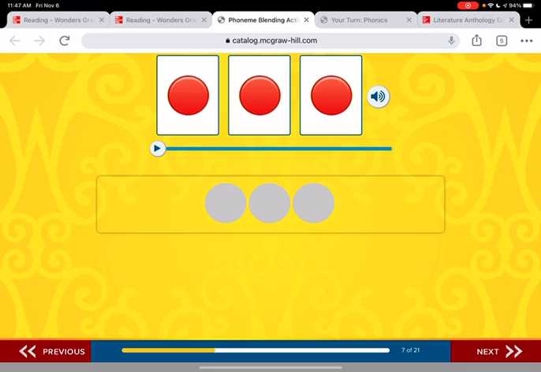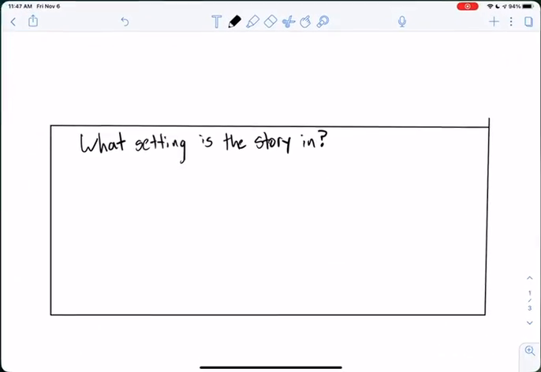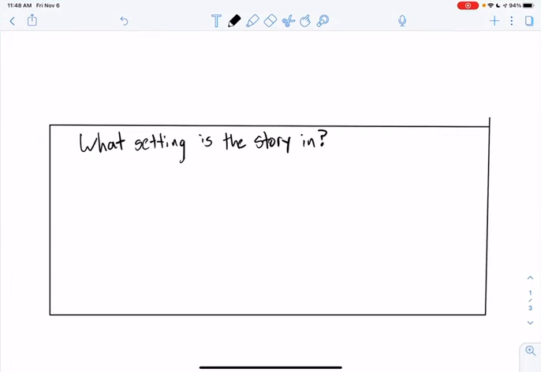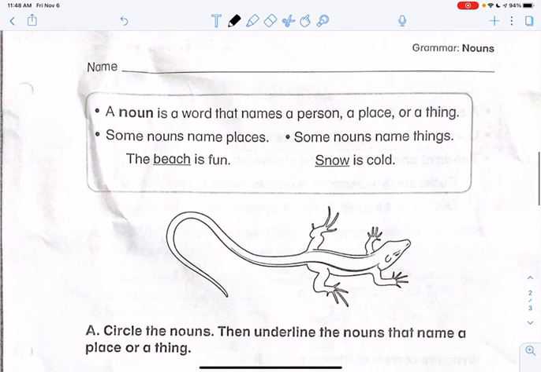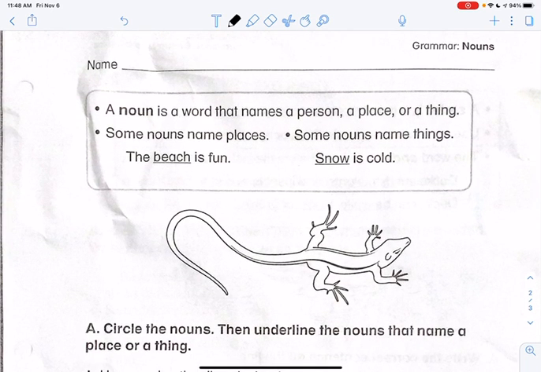All right, very good. Now the next thing I want to look at is some nouns. So I had a little grammar noun sheet, and we're going to do part of this together, and you're going to answer a question on your own too. All right. A noun is a word that names a person, a place, or a thing.